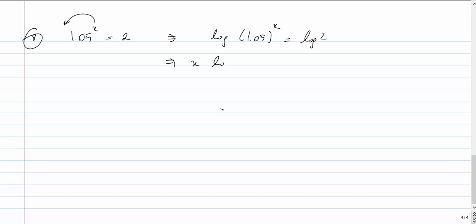And 8: 1.05 to the x is 2. So I'm going to take the exponent down by taking the log of both sides. So this is x log 1.05 is equal to log 2. This is just a number, so I'm going to divide both sides by log 1.05.